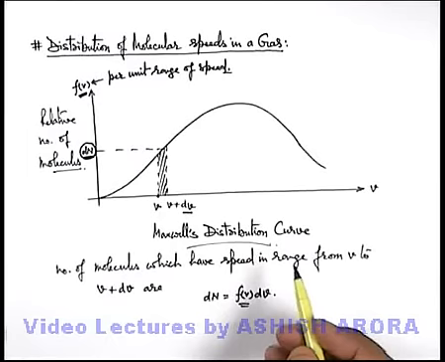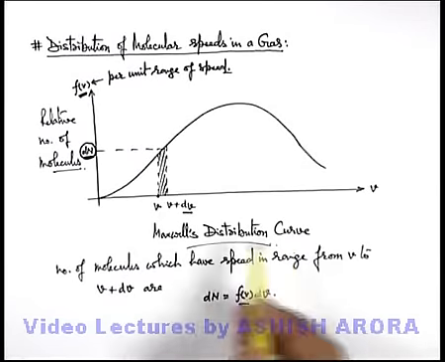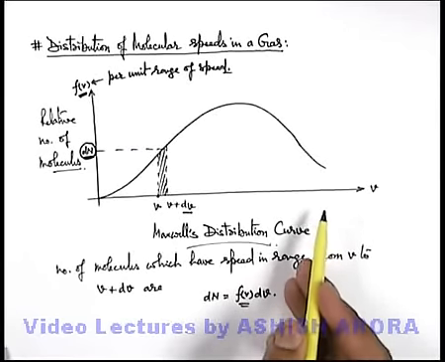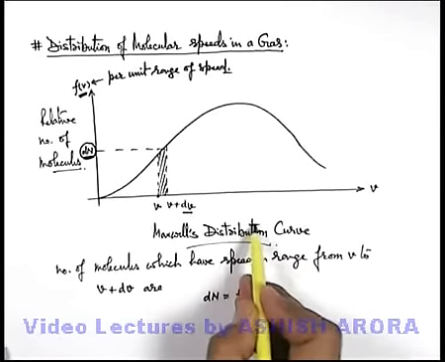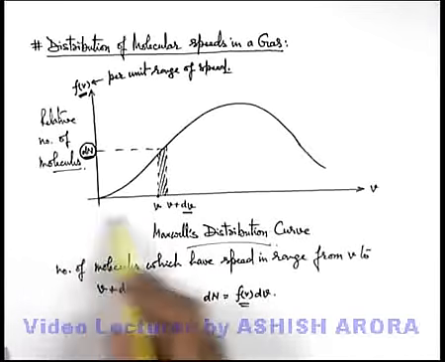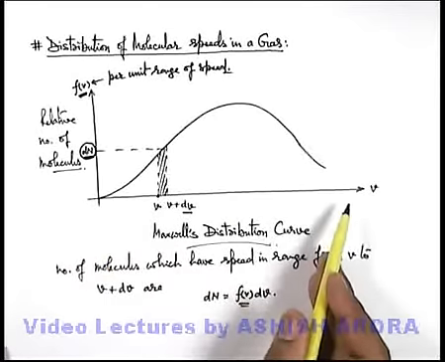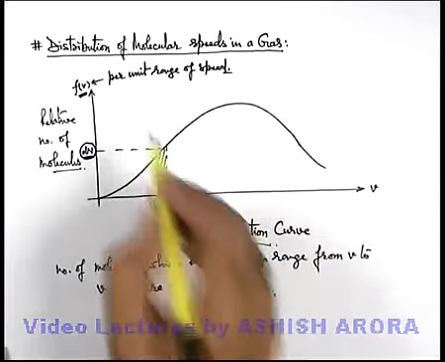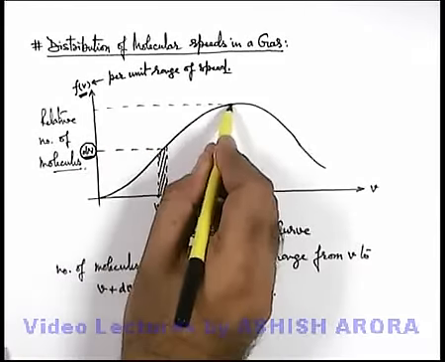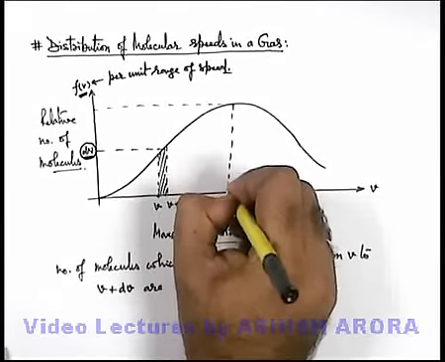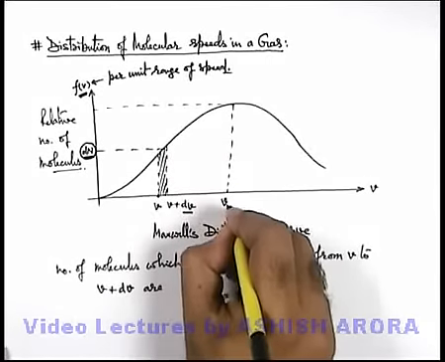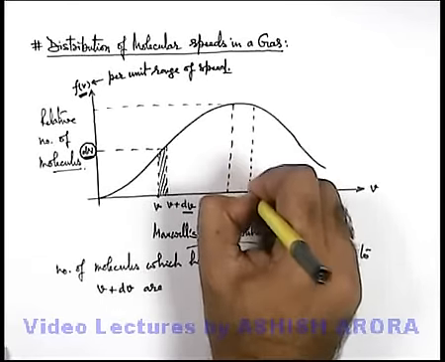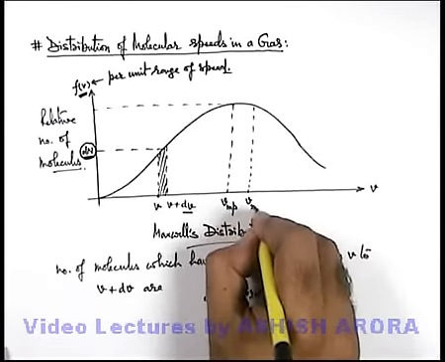As we know, in a gas there are few molecules which are moving at very slow speed and some are having quite high speed. So molecular speed is distributed within a very vast range from 0 to a very large value, which can be theoretically taken as infinity. Now, the maximum number of molecules will be having the most probable speed, and slightly higher than this is the mean speed, which we can write as v mean.